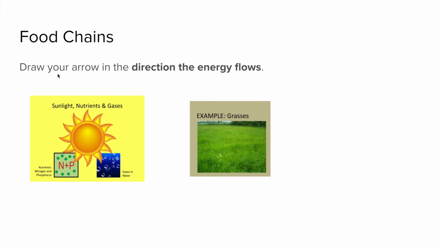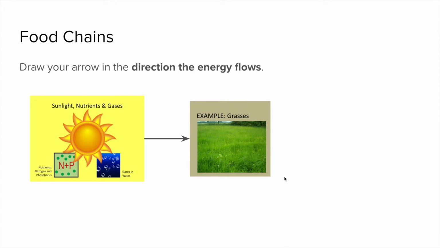And if we want to draw our arrow in the direction that the energy flows, which direction do you think the arrow is going to go? Pointing to the right or pointing to the left? So it's going to point from the sun to the grass because that's where the energy flows. The energy flows from the sun into the grass.